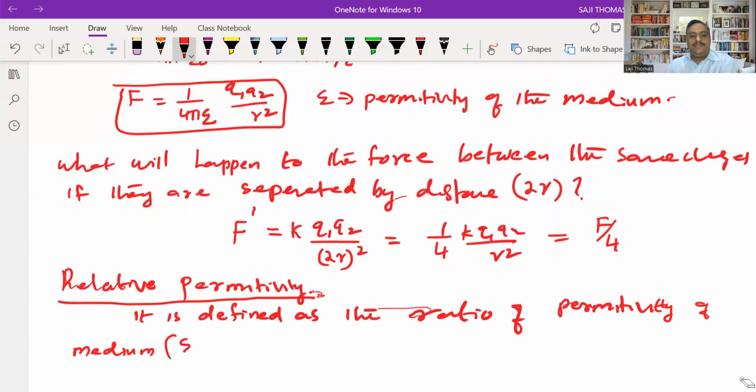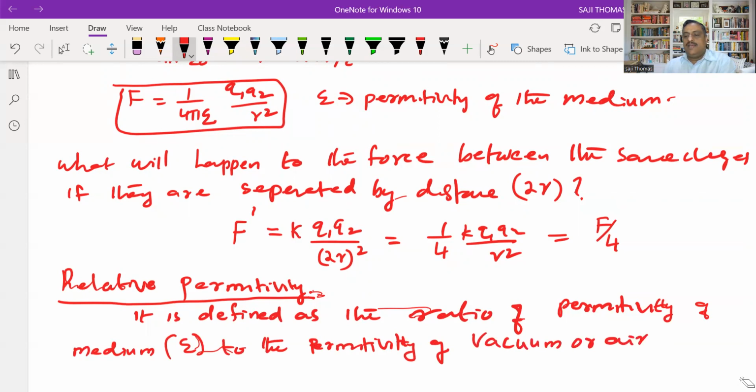We write it as epsilon, the permittivity of the medium, to the permittivity of vacuum or air, that we denote as epsilon 0.